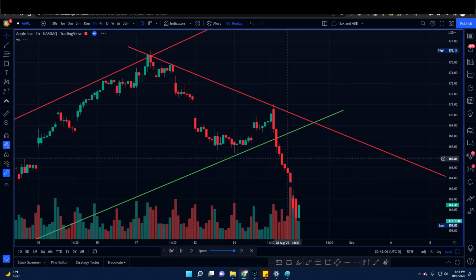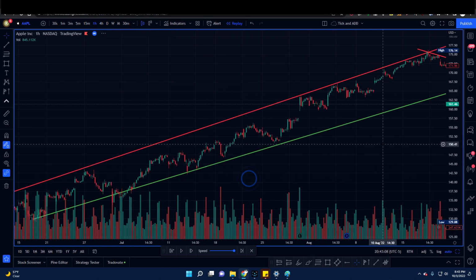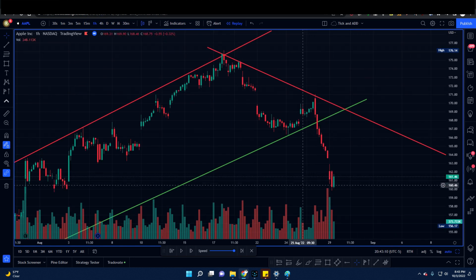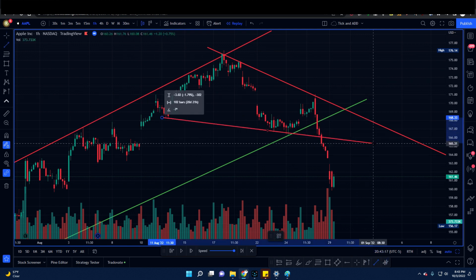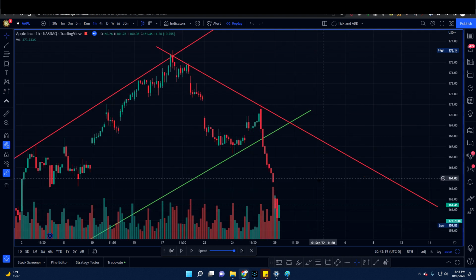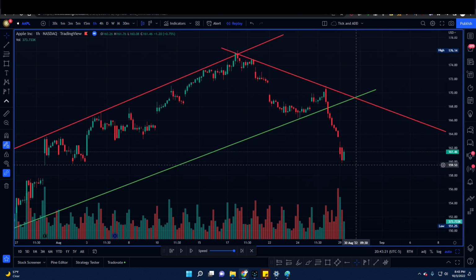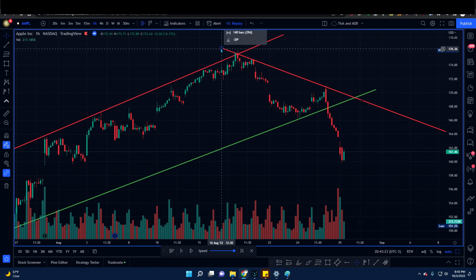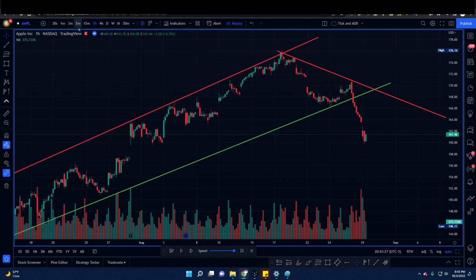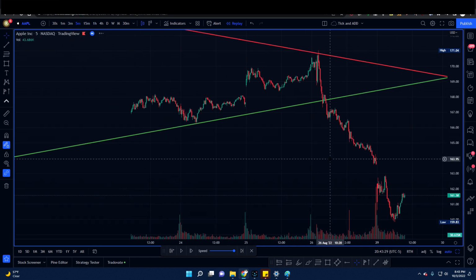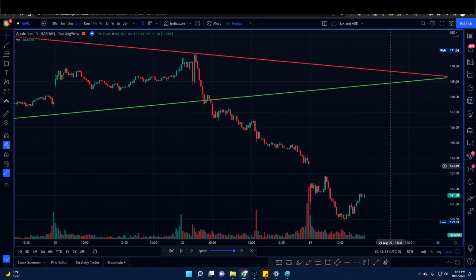So let's go down to the hour now. Okay, there's nothing really happening on the hour. Let me put a trend line here maybe, but it's kind of not making it happen here. Okay, let's go down to the 5-minute here. And do we have any trend lines we can put on here?